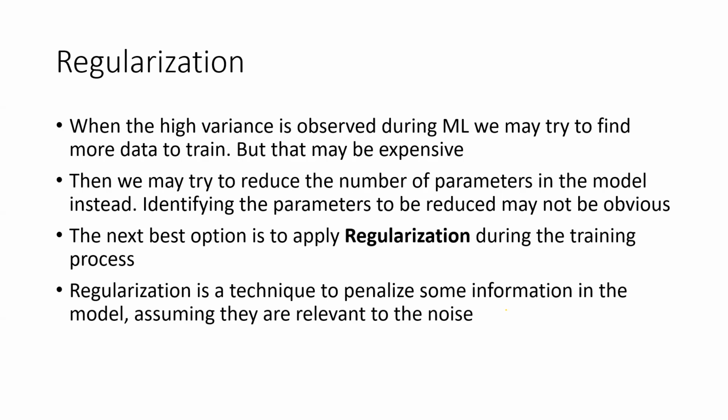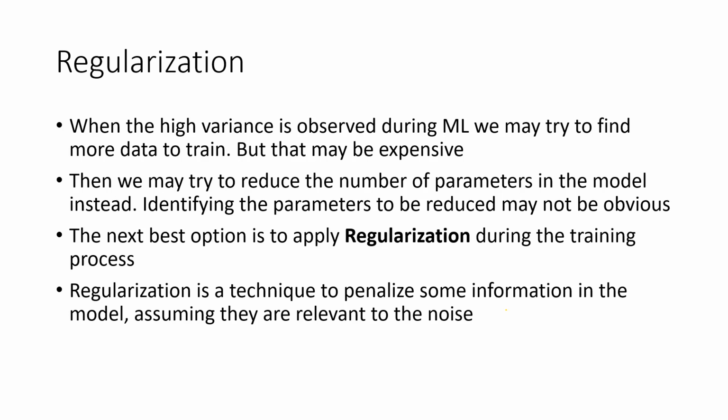This is known as regularization. When high variance is observed, or when bias is observed, you know what to do, right? You need to increase the number of parameters, increase the amount of data, and so on. When you see the variance, the first thing you have to do is find more data, but in most cases you will not find any more data than what is available to you.